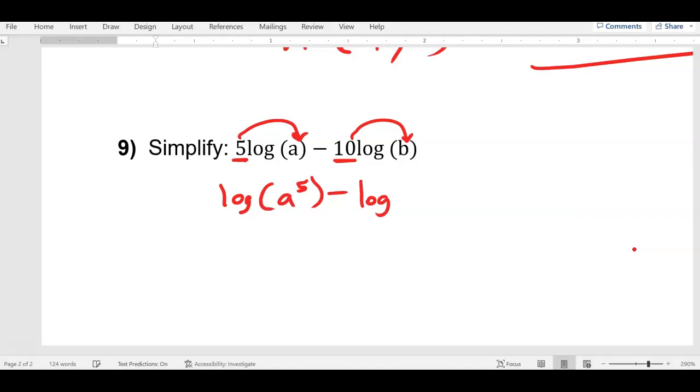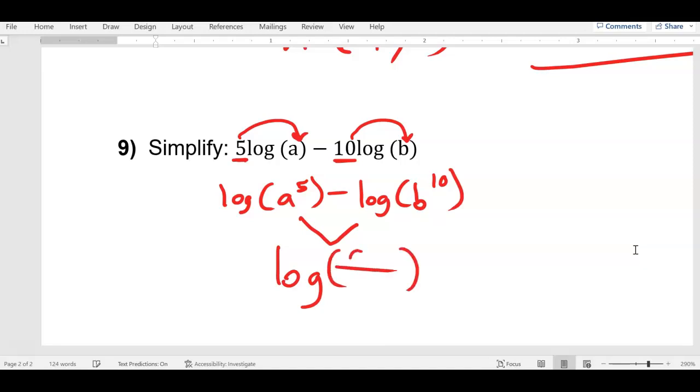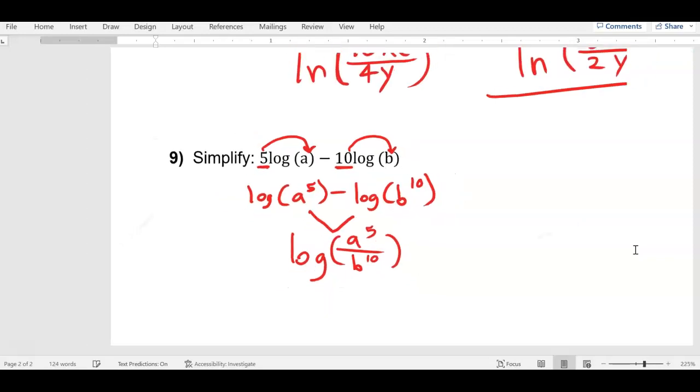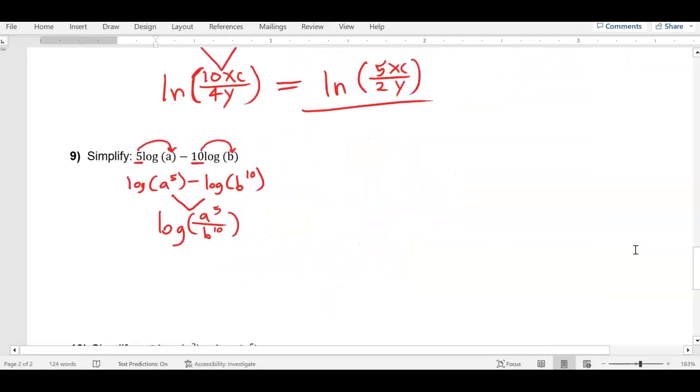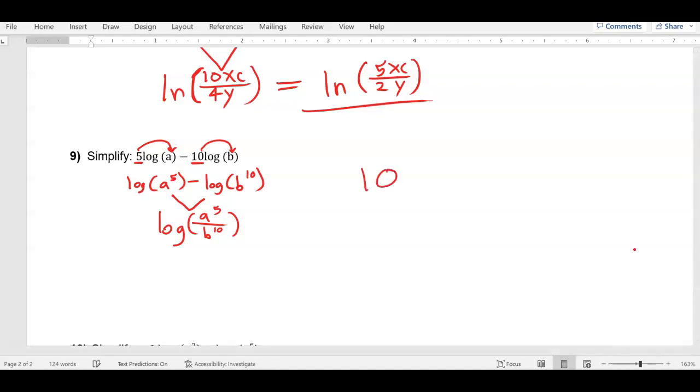And this one's really log base b to the 10. And then remember, subtraction means you bring it into one log with division. So a to the 5 on top, b to the 10 on bottom. That's it. Okay. So that's using 10.3b and 10.3c.